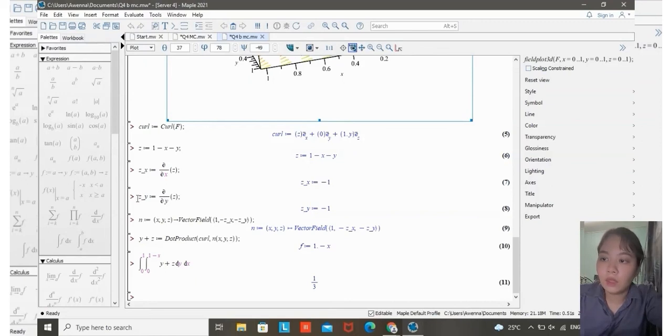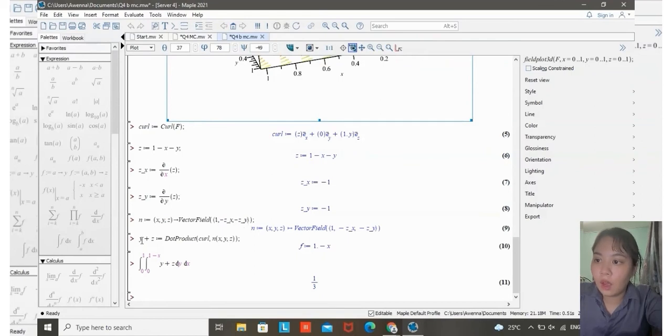And for z underscore y, which is differentiating z with respect to y, we also got negative 1. You can see here that n is basically our unit normal vector for x, y, z, so we declare it as a vector field by using the values that we have gotten from above.